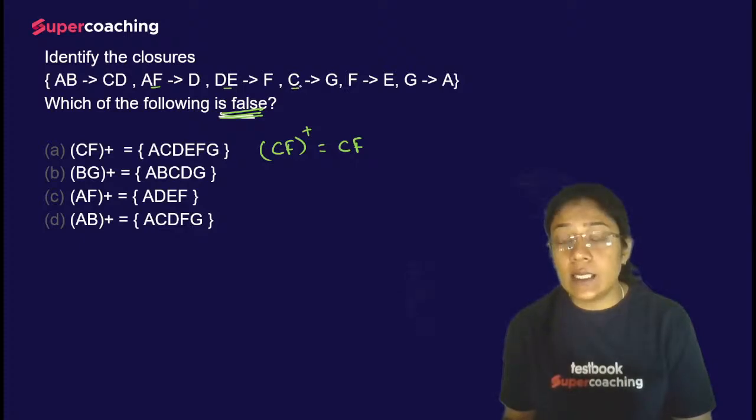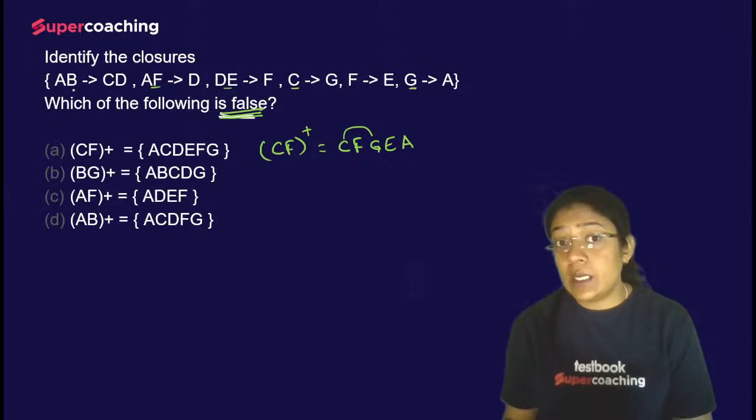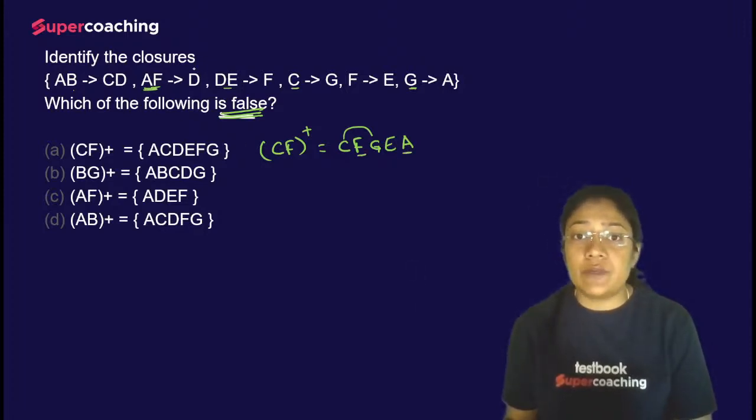C is available, so C is determining G. F is determining E. G is determining A. A, B we cannot use because only A is available, not B. A, F. Can we use this dependency? A and F both are available. AF is determining D, so we will take D as well.